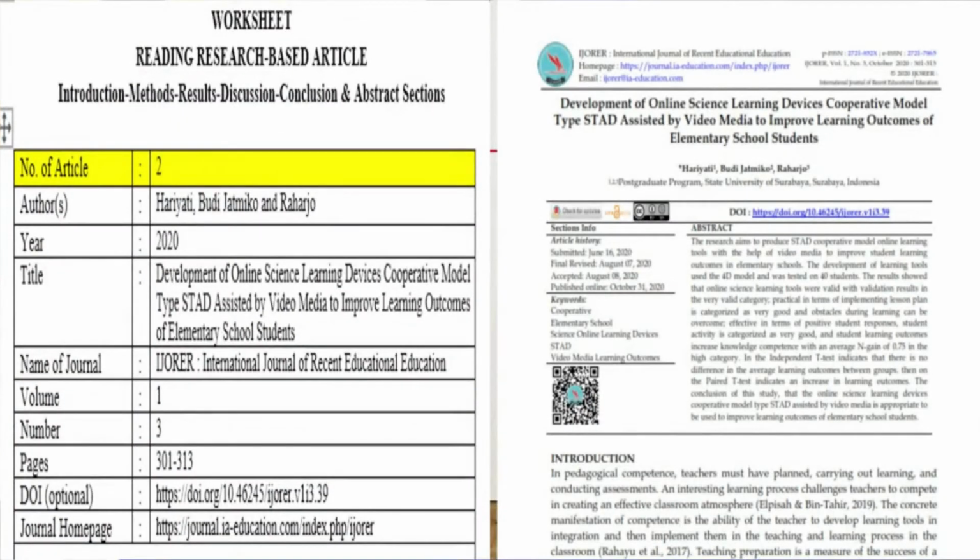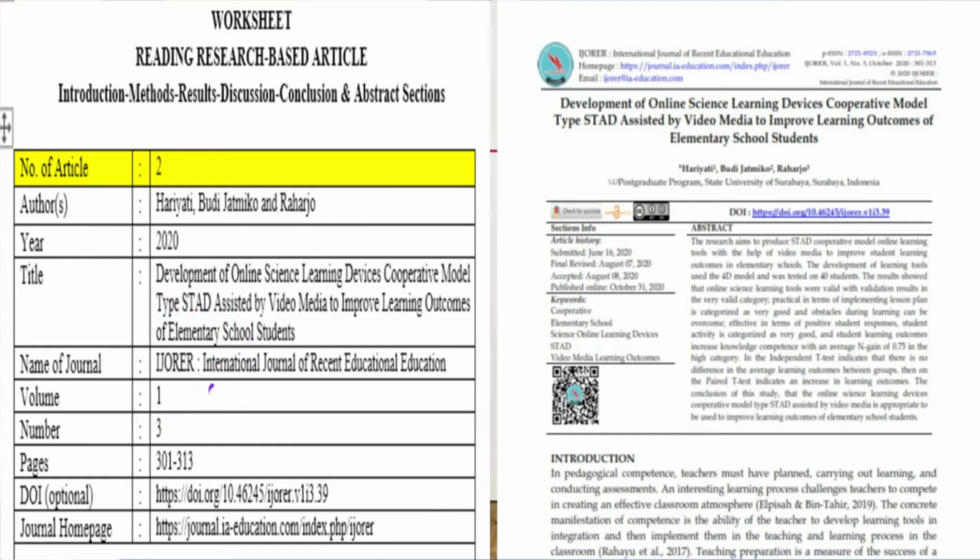Okay, in this worksheet, we can see the identity of the article. This is a research-based article with IMRAD format. The first one is the identity of this article.